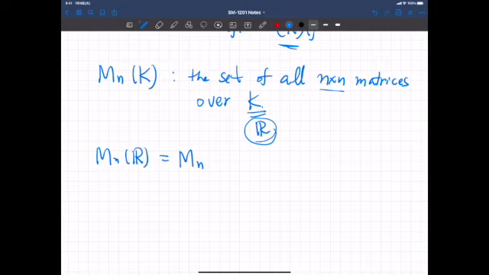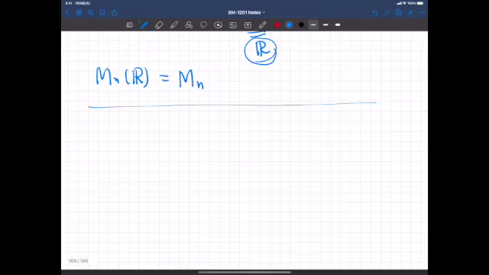Okay, then based on this notation, let us define matrix inverses.